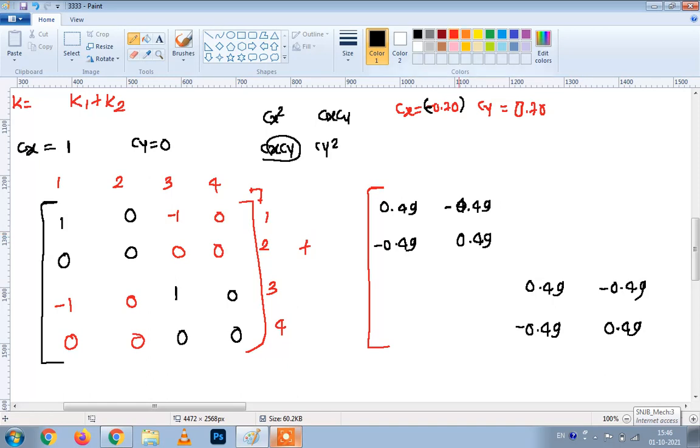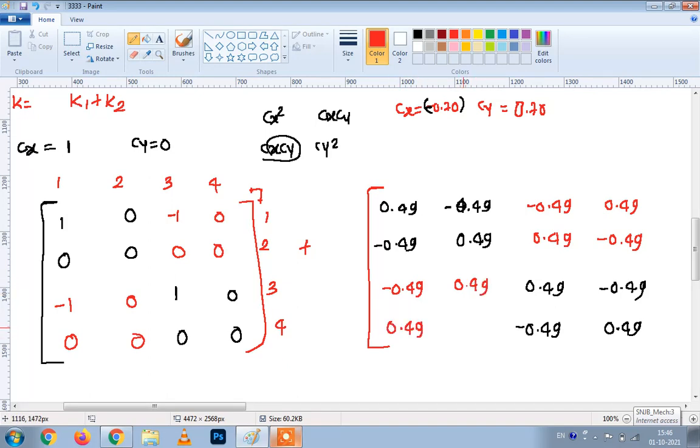Now we have to change the sign. While changing the sign, be careful. Here it will become plus 0.49, plus 0.49, and here minus 0.49. Repeat the same values here, and after that write down the degree of freedom.